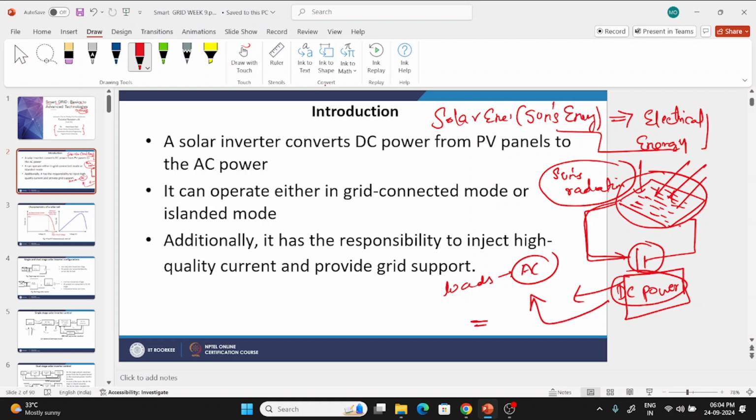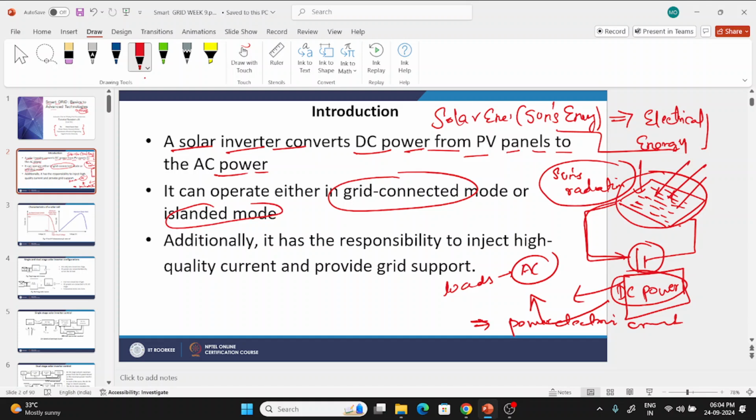For that, we use power electronics circuits. A solar inverter converts the DC power from the PV panels to AC power, and it can operate in either a grid connected mode or an islanded mode.